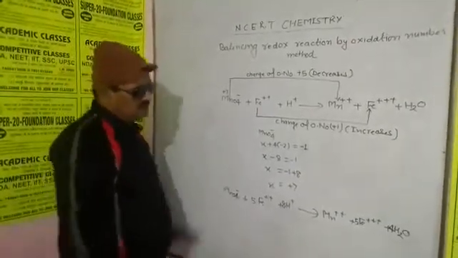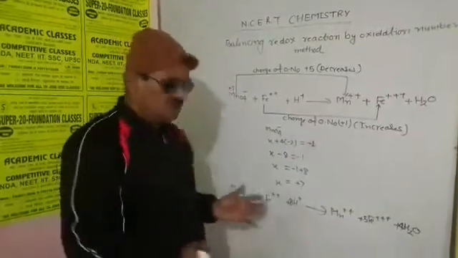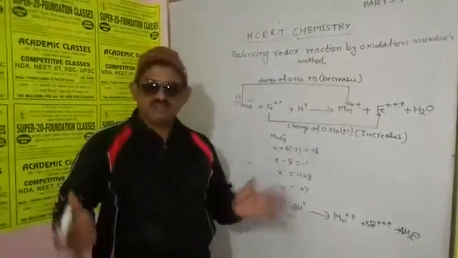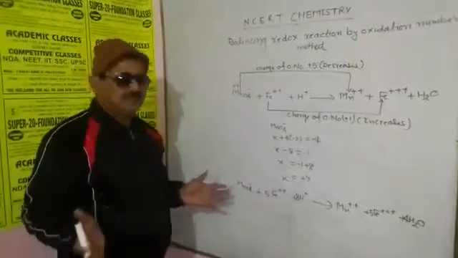First of all, checking any redox reaction, compare the atoms and charges on both sides. When the atoms and charges are equal, then the redox reaction will be balanced. This is a simple way here.